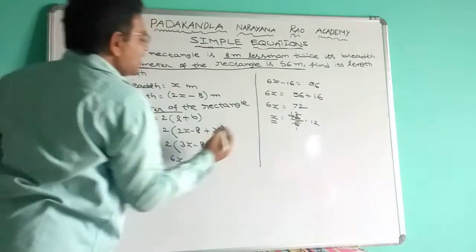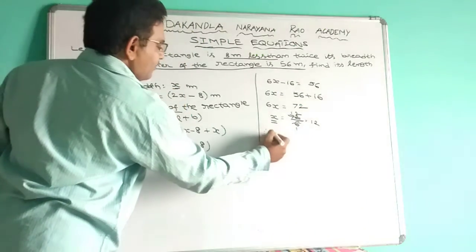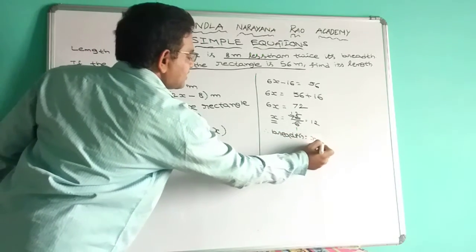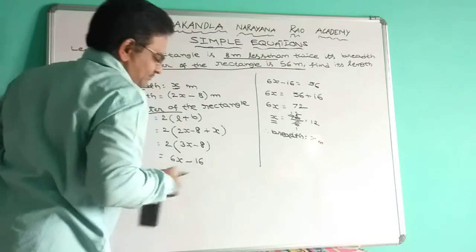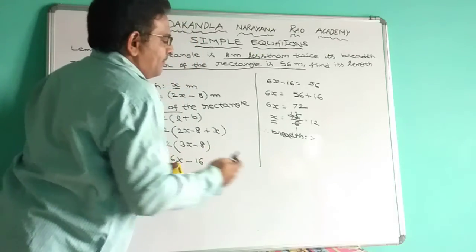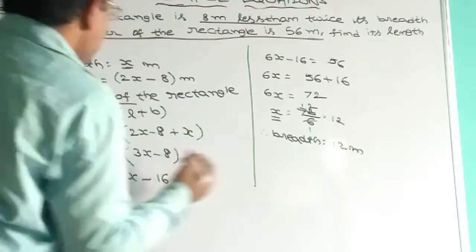Actually, what is the meaning of x? x means breadth. Therefore, breadth equals 12 meters.